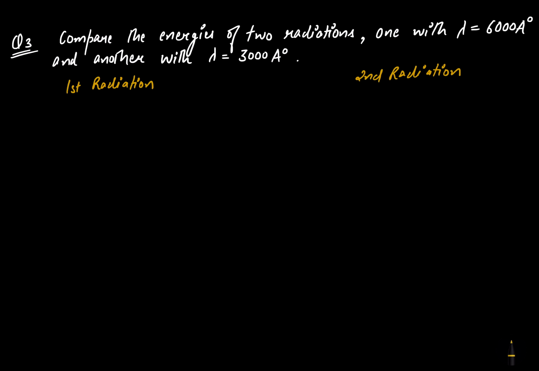Now what's the wavelength for the first radiation? It is 6000 angstrom. And for the second radiation, it is 3000 angstrom. These two values are given in the question. Now let's talk about the energy of the first radiation.